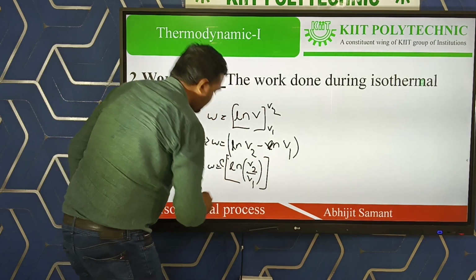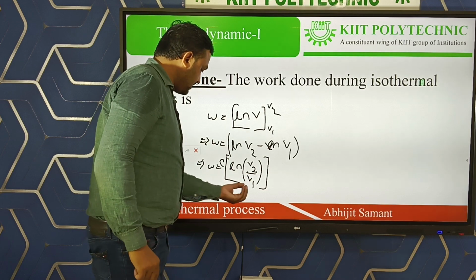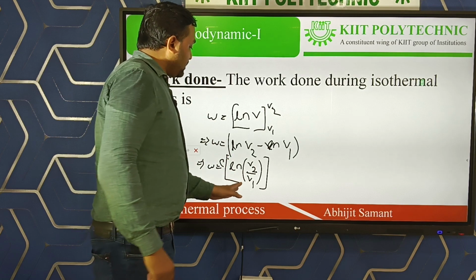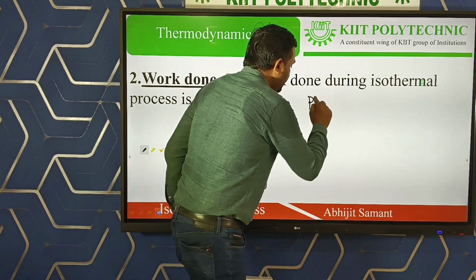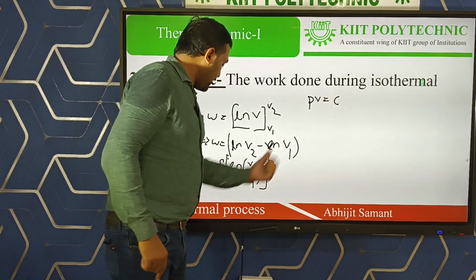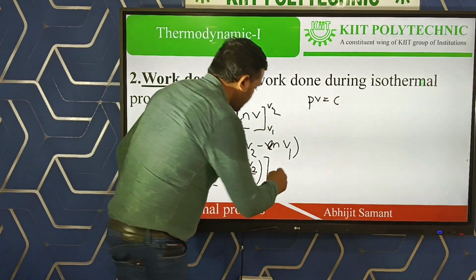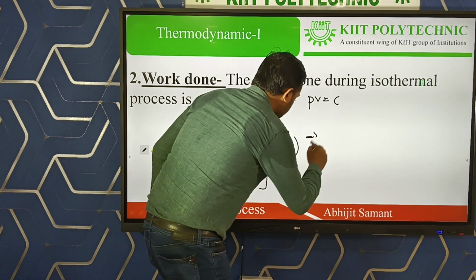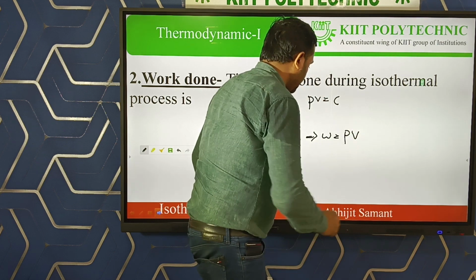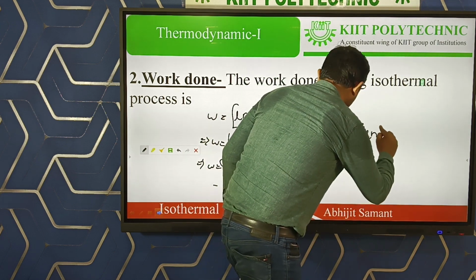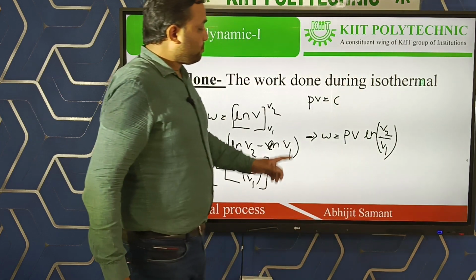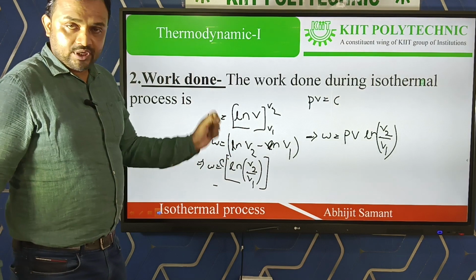We derived the constant from the previous relationship, and we know that PV is equal to a constant. So we can put PV in place of C, and the equation becomes W equal to PV ln V2 by V1.